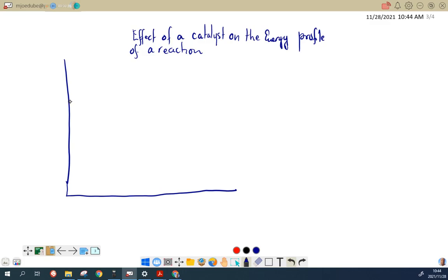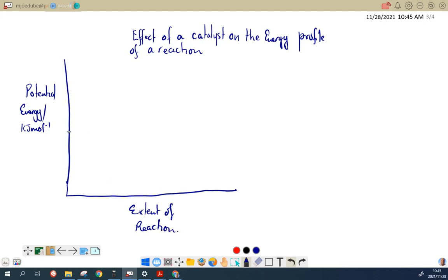So in this exothermic reaction, we know that there is the potential energy, or the energy of the system, in kilojoules per mole. And then here we also have the extent of the reaction.